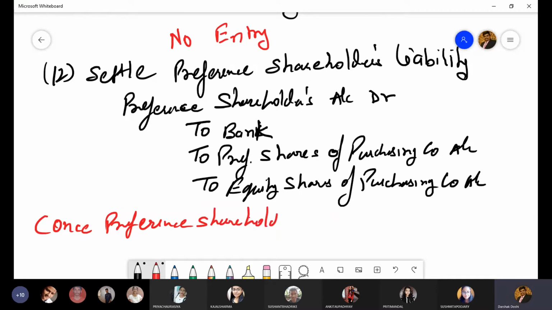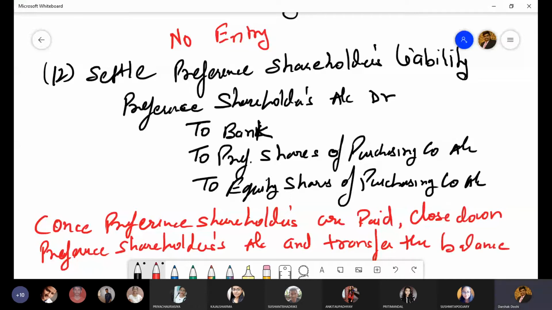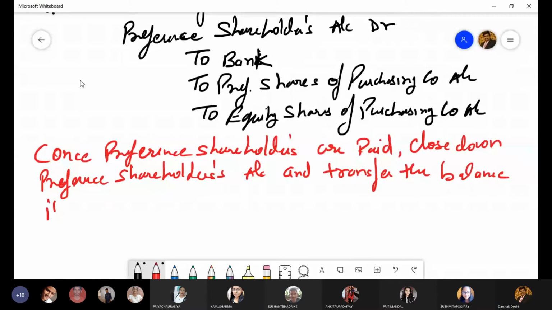Once preference shareholders are paid, close down preference shareholders account and transfer the balance, if any, to realization account. Copy this down.